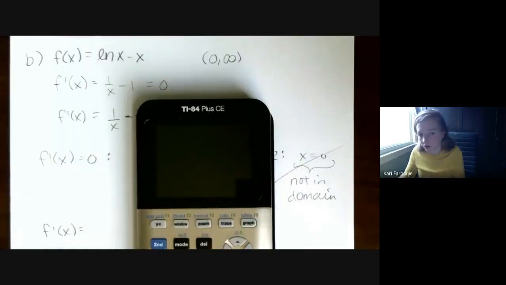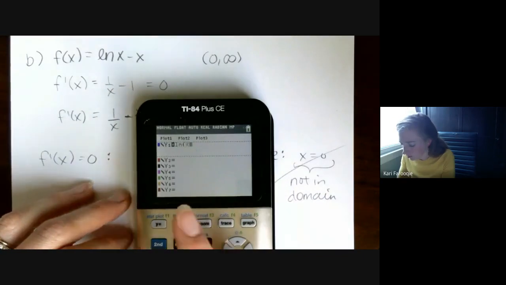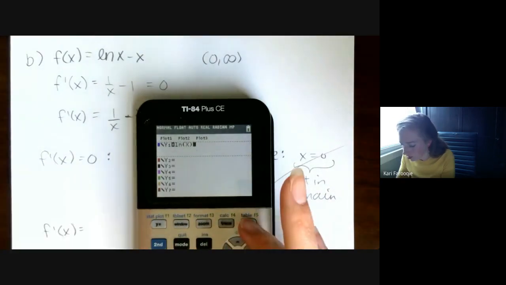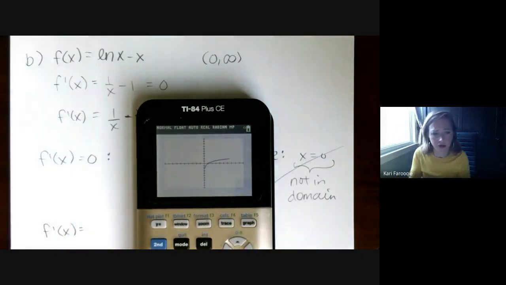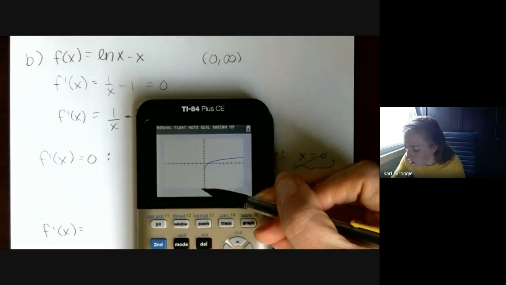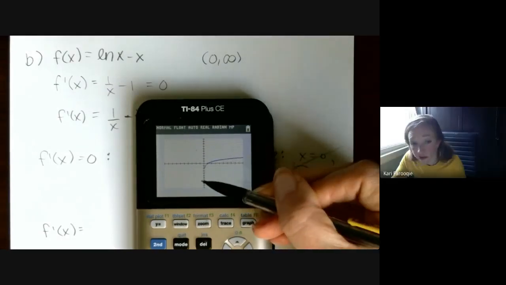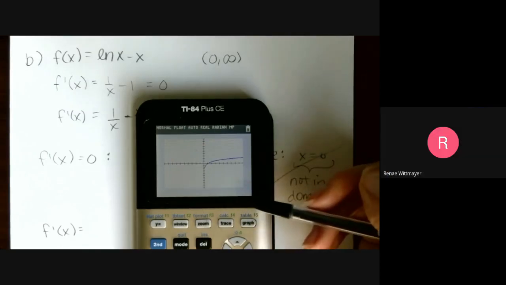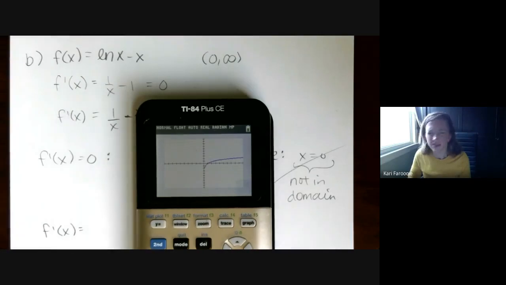Remember that your natural log function is only defined for values of x that are positive. That's a college algebra thing. But if you don't remember, you can always graph it and get an idea of what's happening. It actually has a vertical asymptote at 0, so the graph can never actually attain the value of x equals 0. Okay, thank you. It's just a definition for the natural log function that you learned but maybe forgot.